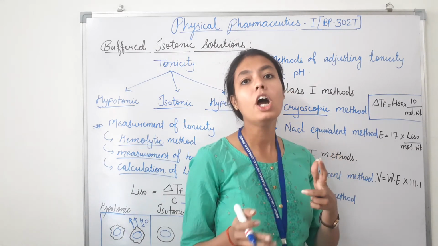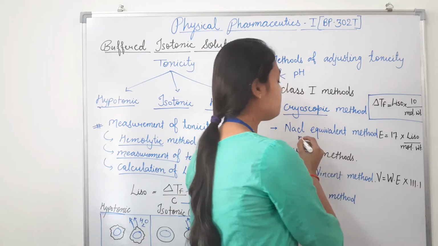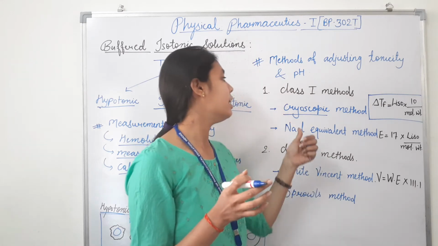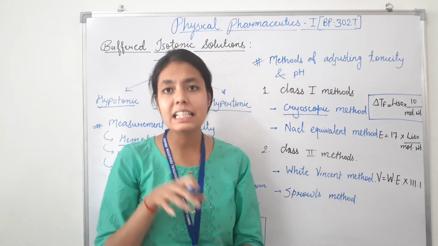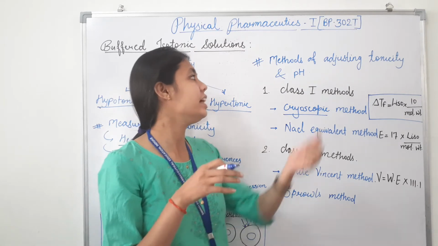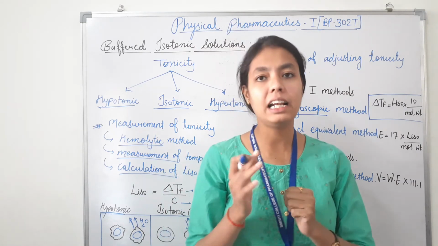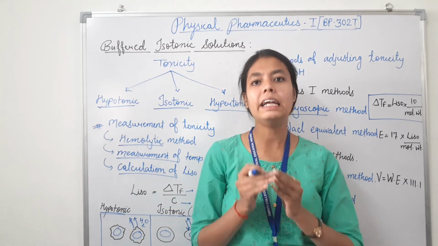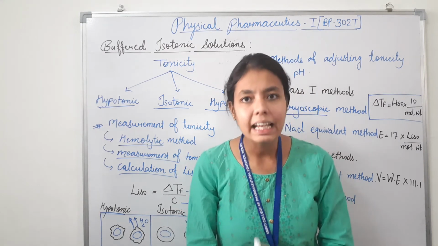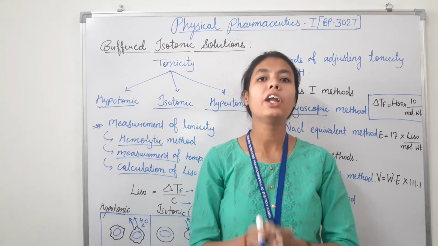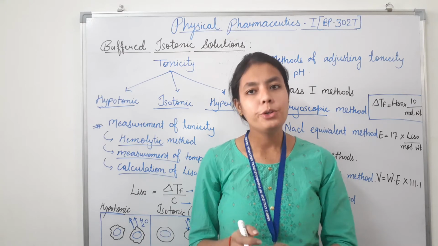In the sodium chloride equivalent method, as you know, in class 1 methods we add an amount of NaCl to adjust the tonicity. The sodium chloride equivalent of a drug is the amount of NaCl that has the same osmotic effect as 1 gram of the drug.